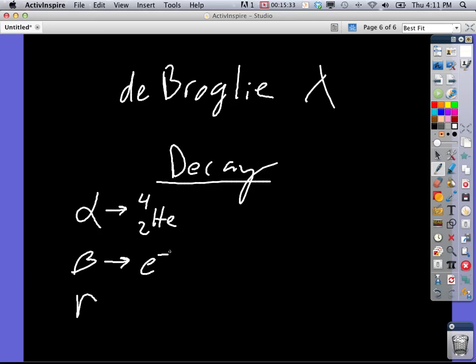This is an electron, and this is gamma radiation. And no, sadly, exposure to gamma radiation will not turn you into the Hulk. It will, in fact, just kill you.